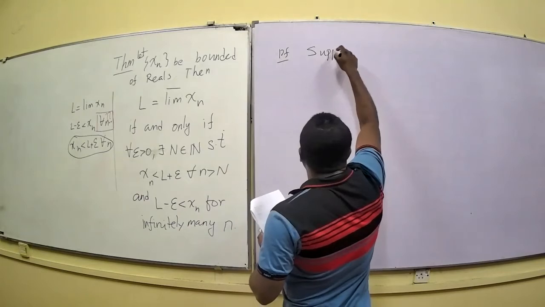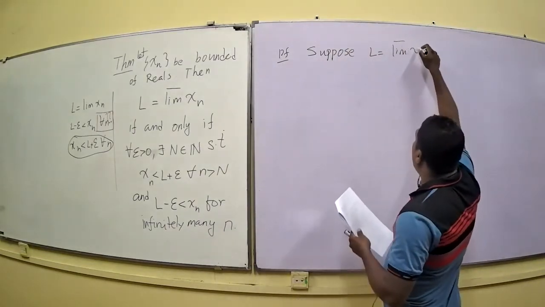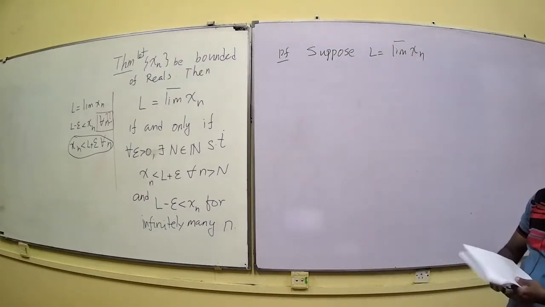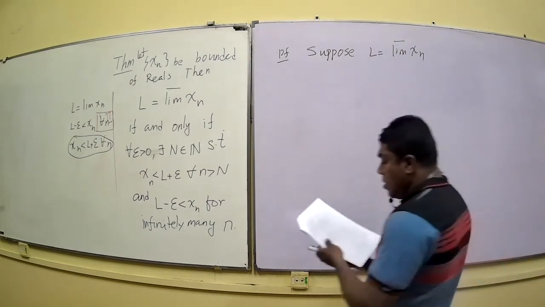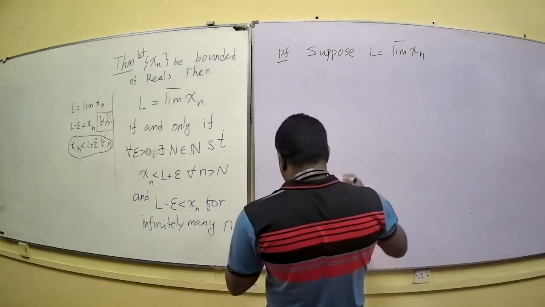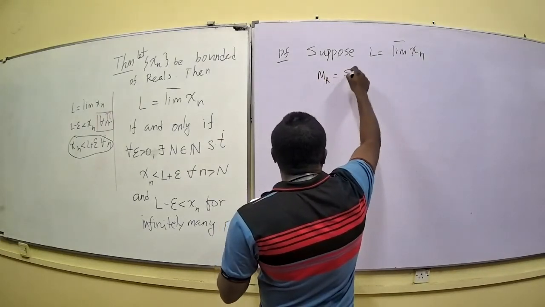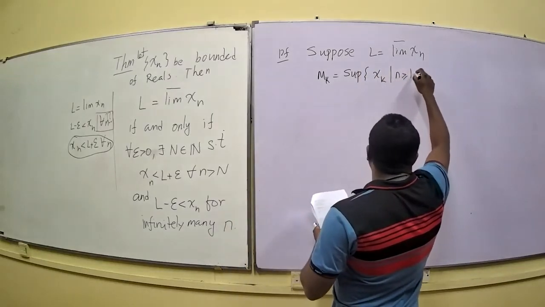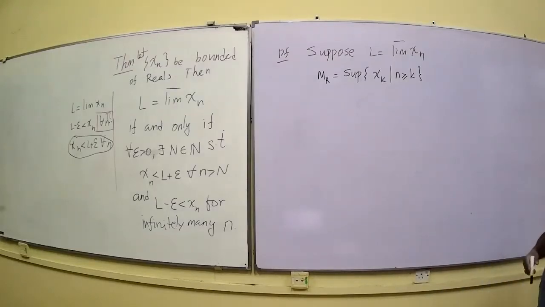Let us suppose the lim sup of xn is equal to capital L. You all know that Mk is the supremum of the set we define as Ak.